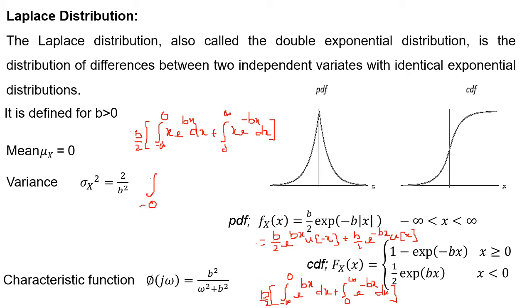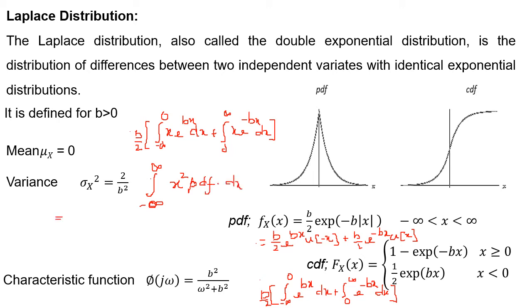the variance, that is sigma_x squared, as the integral of x squared times the PDF dx.